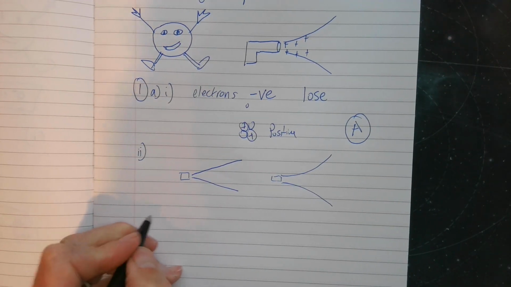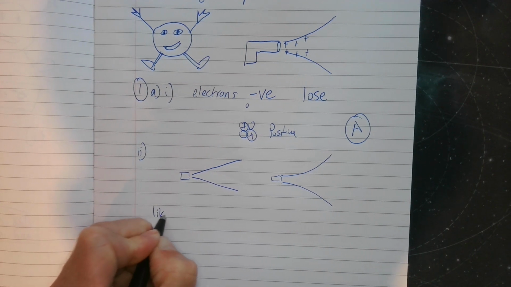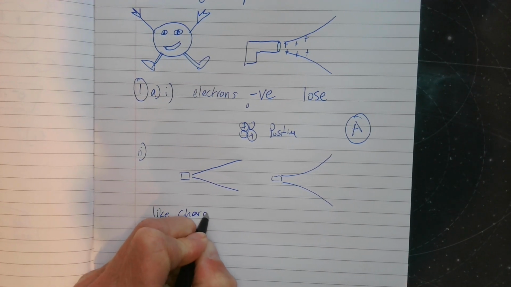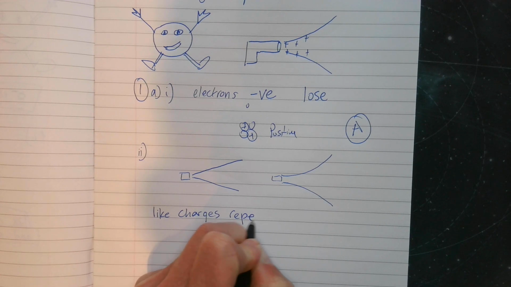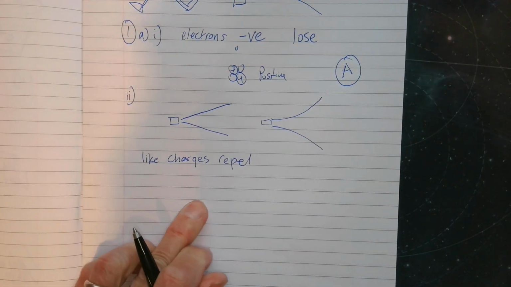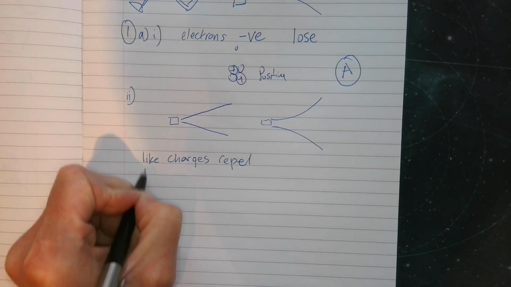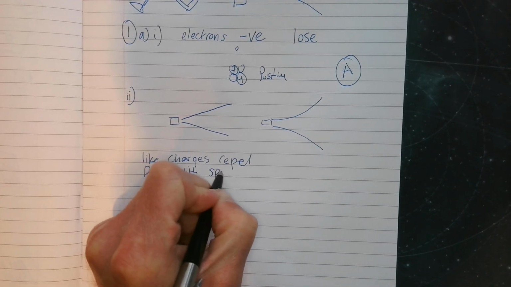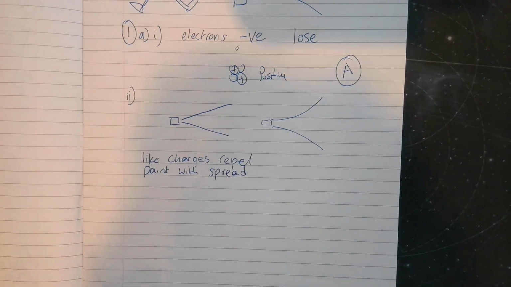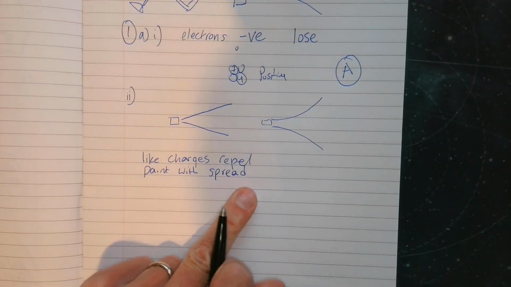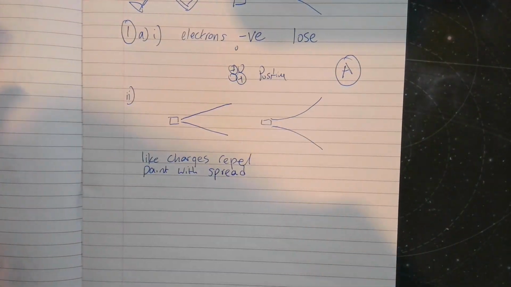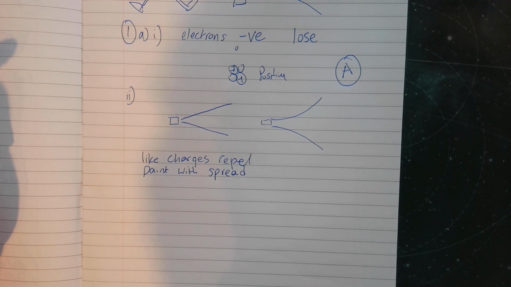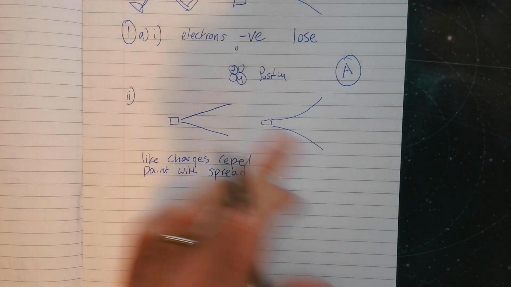Hopefully what we know is that like charges repel, and therefore the paint will spread out, because the positive charges in the paint are repelling each other.